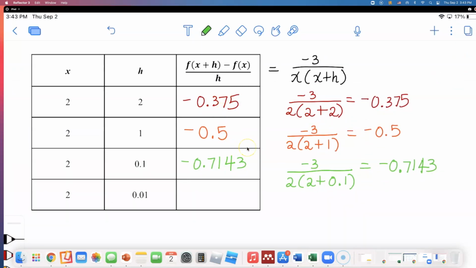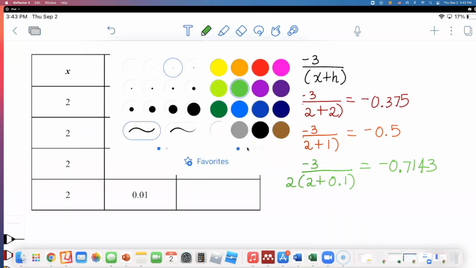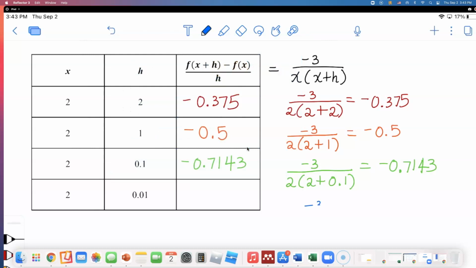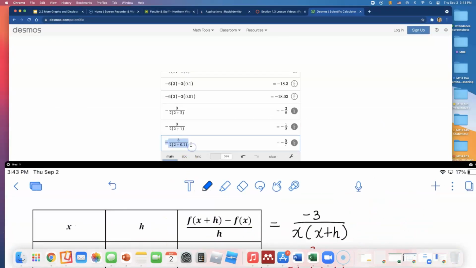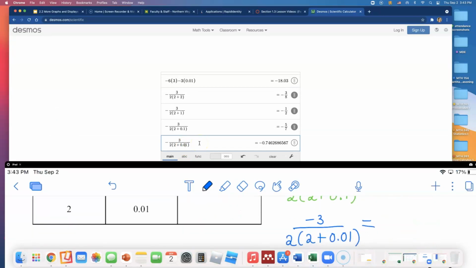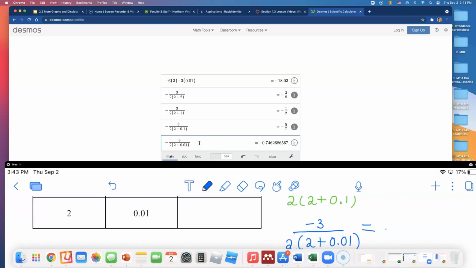All right, let me do one more. I'm gonna plug in 2 for the x value and 0.1 for the h value. What's that gonna be? So I copy the same thing. I'm gonna put an additional 0 here. And okay, I kind of see the pattern now. They were trying to go to this negative 0.7 some number.